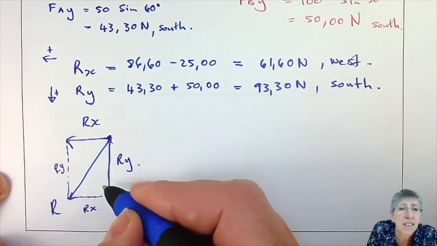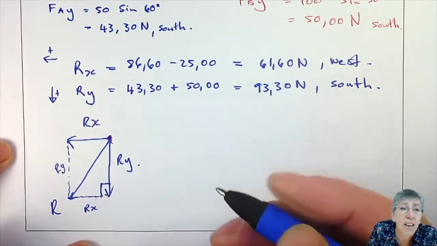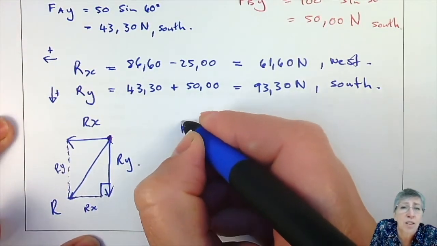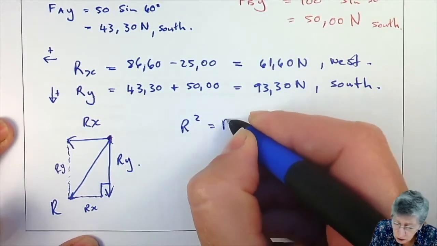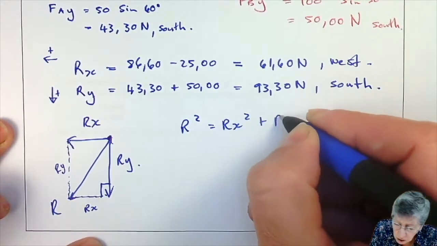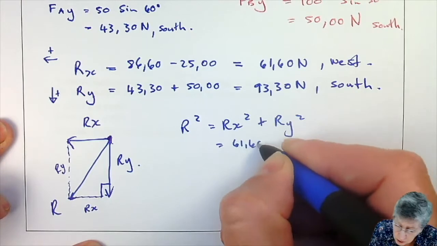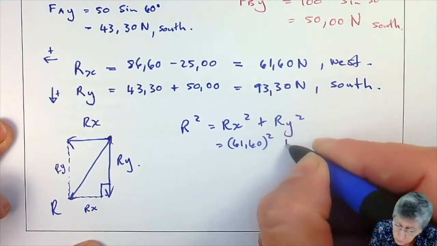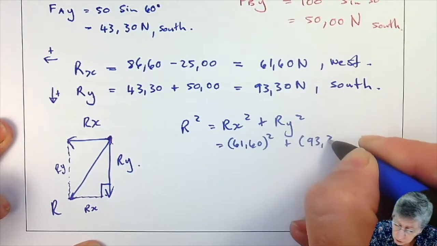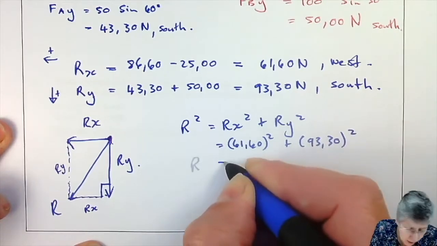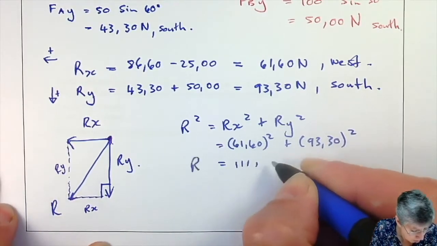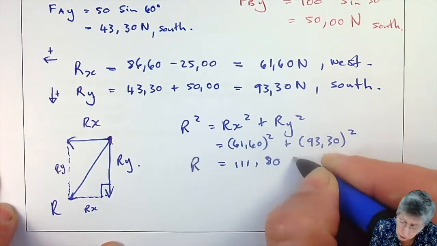Now, since this is a 90-degree triangle, I can easily use Pythagoras. So R squared is going to be Rx squared plus Ry squared, and then I end up with 61,60 squared and 93,30 squared, and that gives me 111,80 Newton.